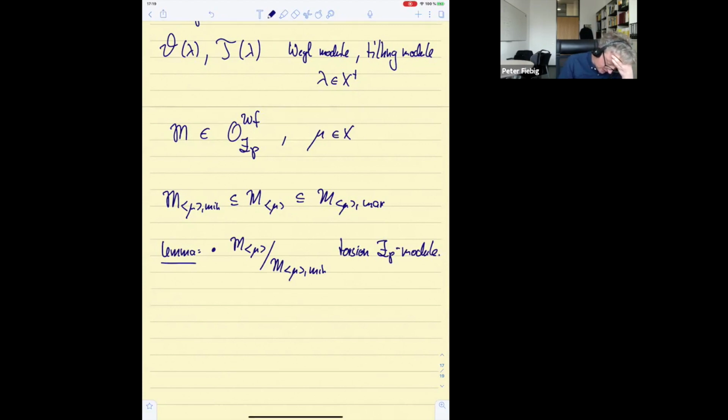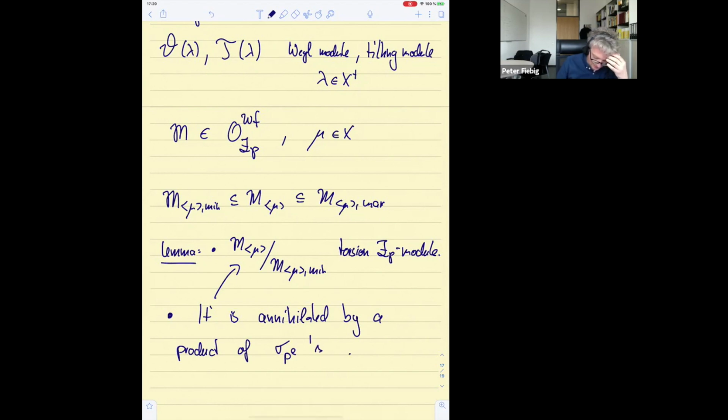Another very interesting fact is that this quotient is annihilated by a product of sigma, so cyclotomic polynomials, for some certain powers of P. This is kind of surprising.